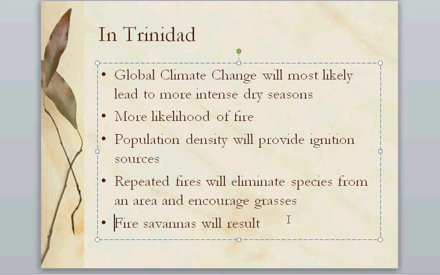So there's going to be more chance of an ignition source coinciding with a period of time when the understory is dry. So there's going to be much more likelihood of fire with global climate change, more intense dry seasons, higher population density, so there'll be more chance of fire in Trinidad.